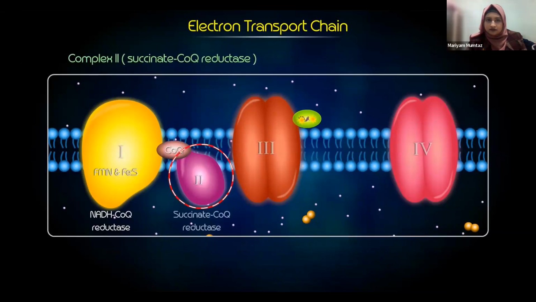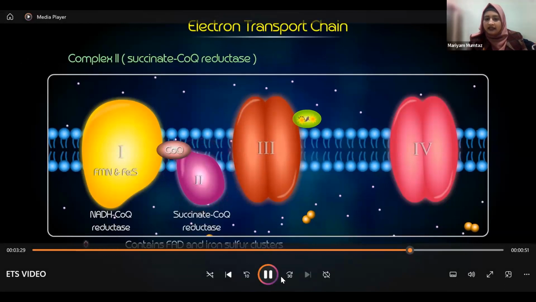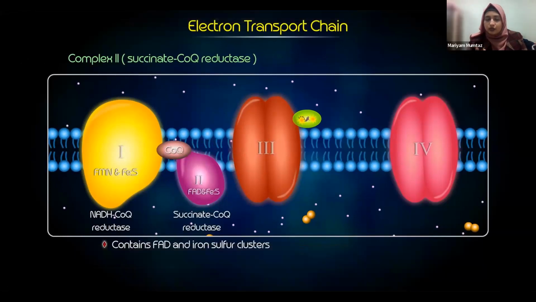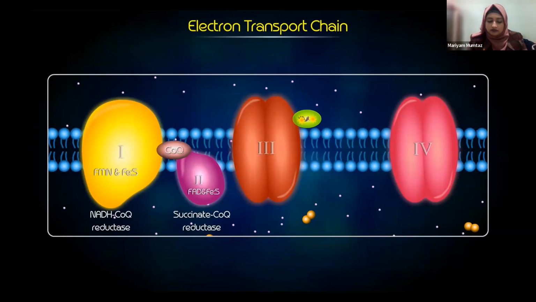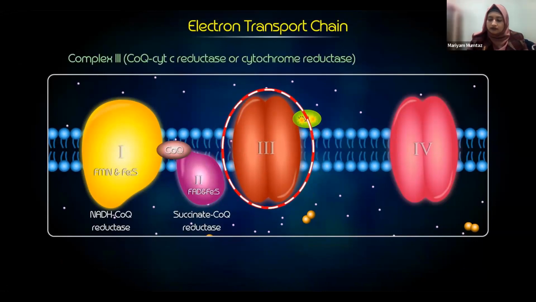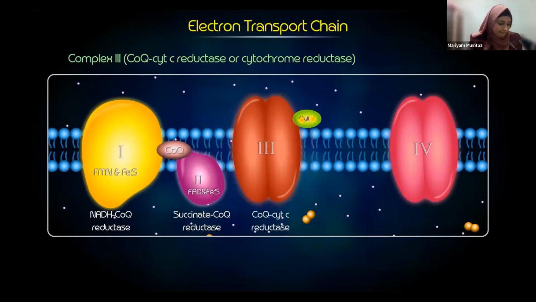Complex 2 is succinate coenzyme Q reductase. It also contains FAD, or you can call it FADH2, and iron sulfur clusters. Complex 2 transfers electrons from succinate and glycerol 3-phosphate to coenzyme Q via FAD and iron sulfur cluster. Complex 3 is coenzyme Q cytochrome C reductase or cytochrome reductase.